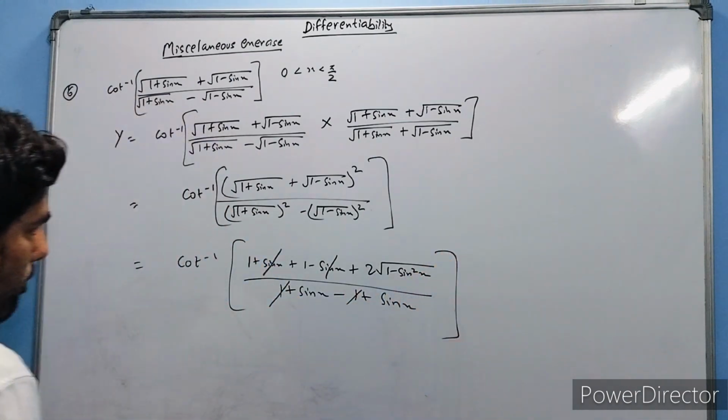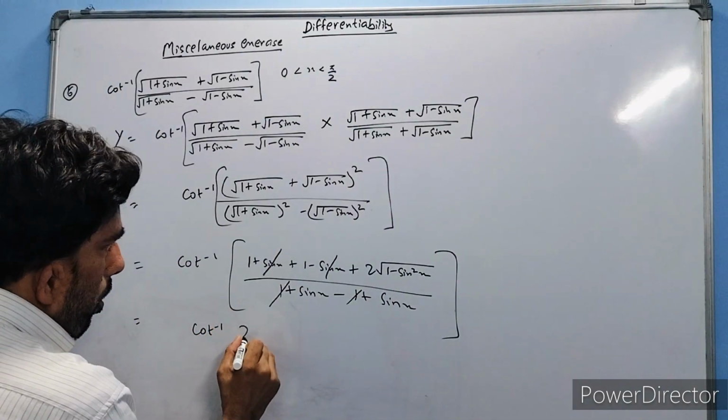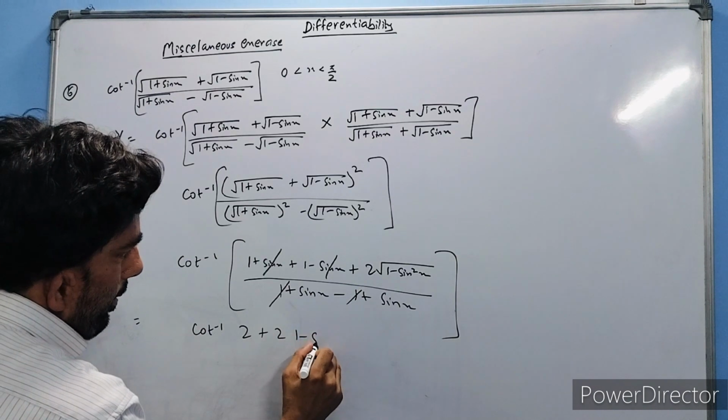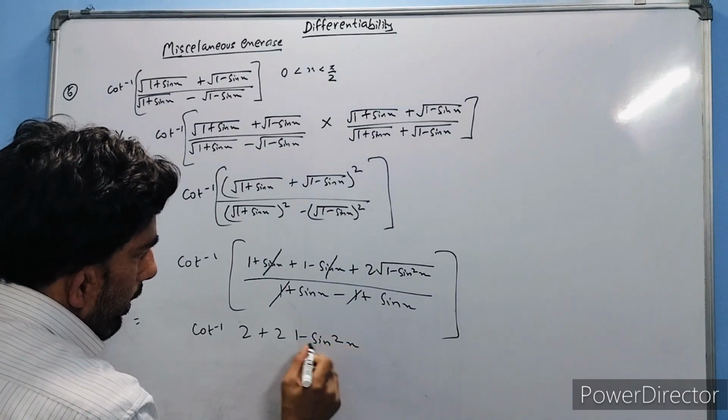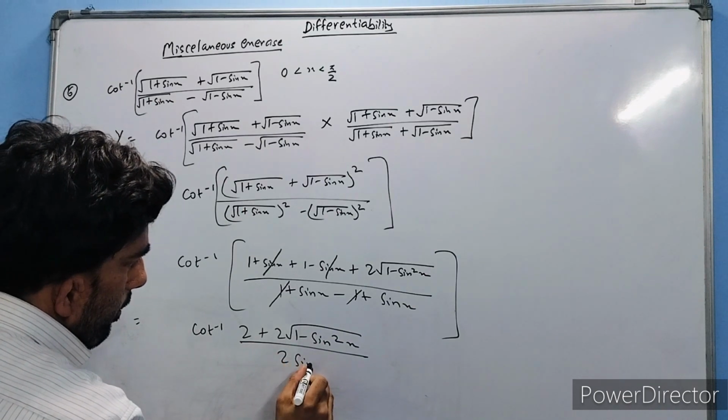So now we have 1 plus 1, that is 2, plus 2 root of (1 minus sin square x), upon 2 sin x.